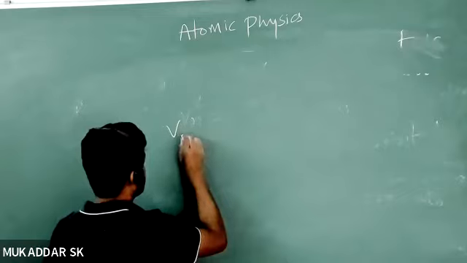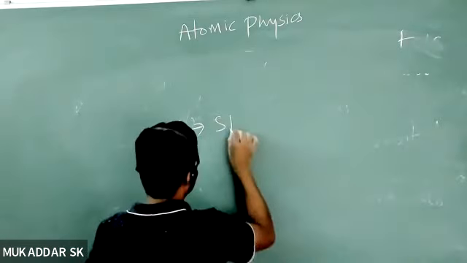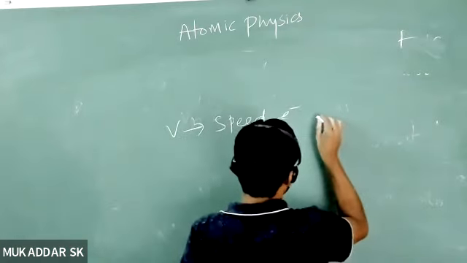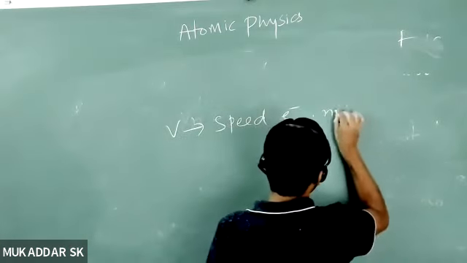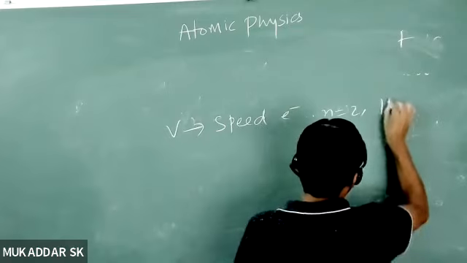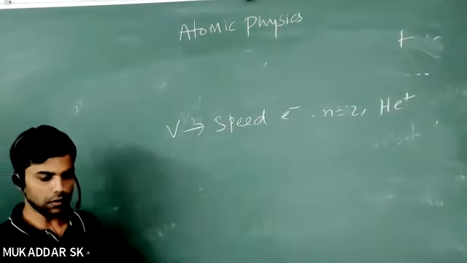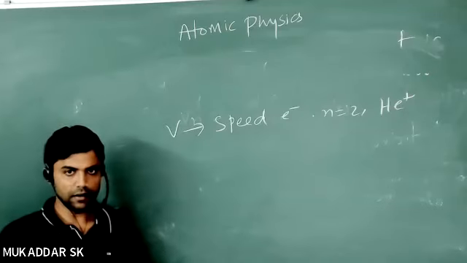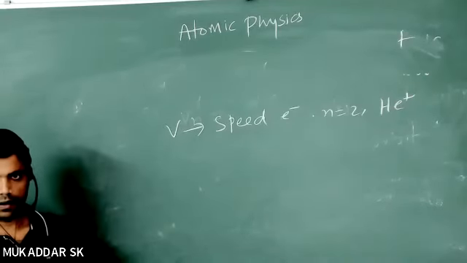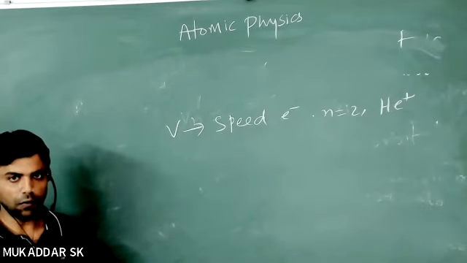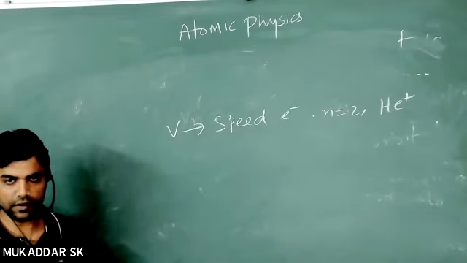So V is basically the speed of the electron at n equals 2 in helium plus ion. Now calculate the speed of the electron in the first Bohr orbit of hydrogen atom.